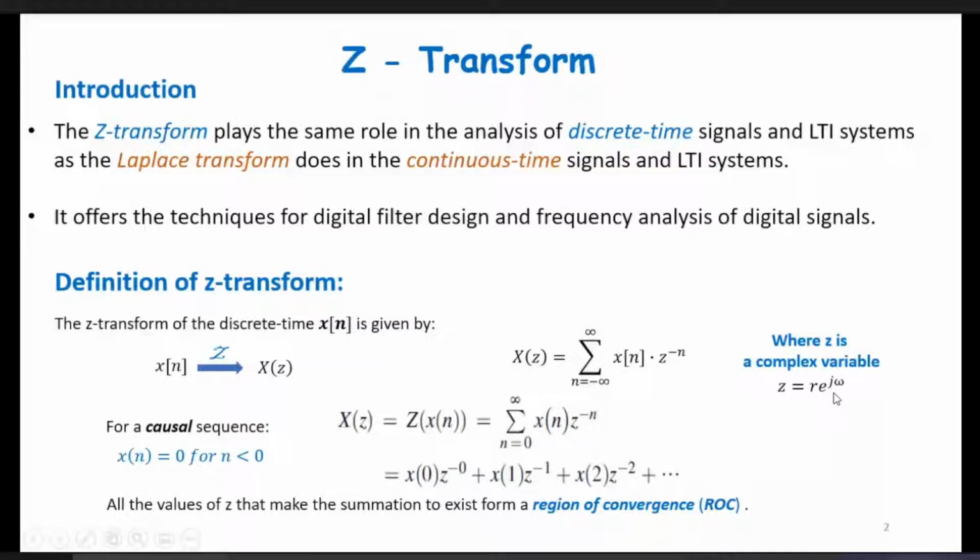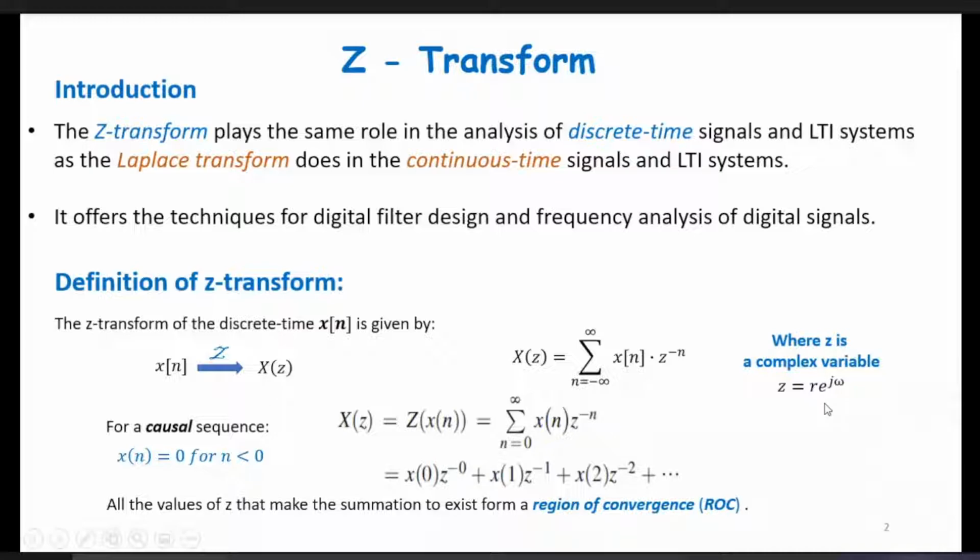So actually it represents r cos omega plus j r sin omega. Here r is the radius and omega is the digital frequency.